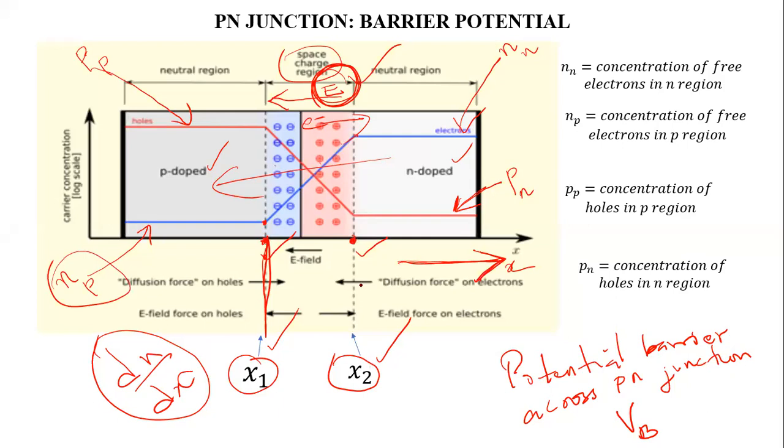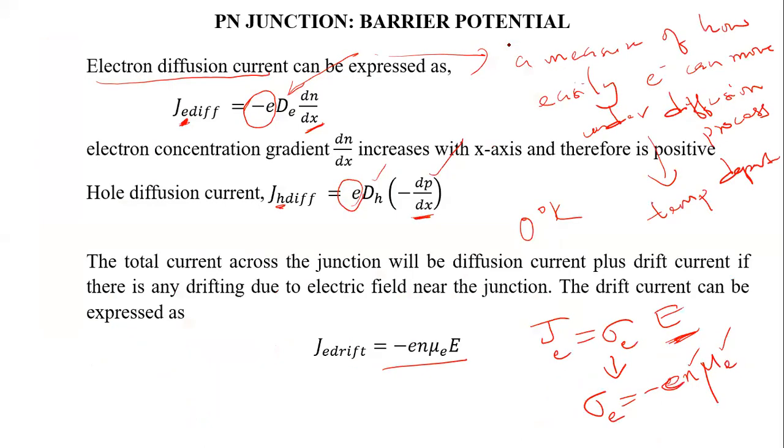At x equal to x2, the free electron concentration is Nn. So if you integrate from x1 to x2, the n value will change from Np to Nn. Np is the minority free electron concentration on the p side. Nn is the majority free electron concentration on the n side.